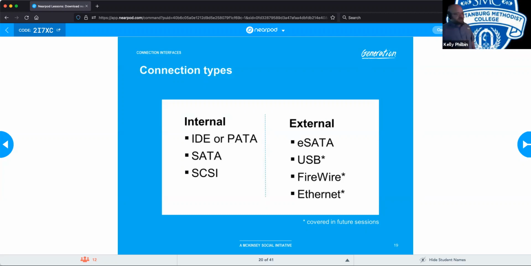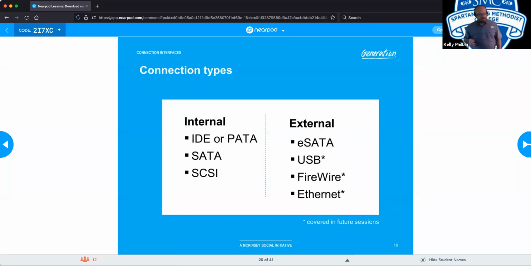And those tend to have twisted pairs internally. Then you have the SCSI connectors. I'll try to find a good picture of a SCSI connector itself. It looks a lot like an old printer cable, like the DB30s or the DB25s. So it looks a lot like that, but there are some minor differences, but we'll see what we can get with that.